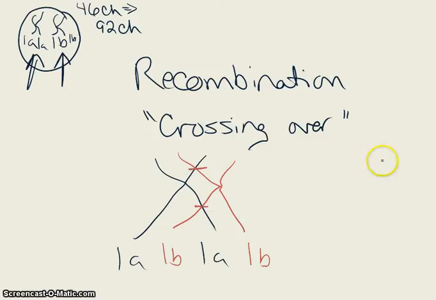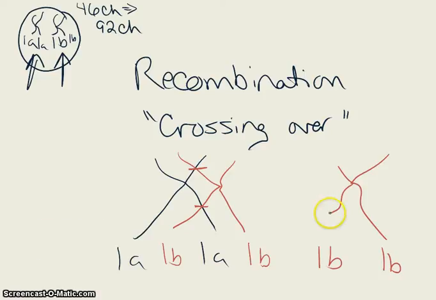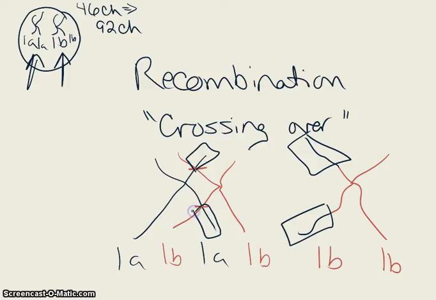So when these 2 pull back apart, now our 1B and our 1B actually have a little bit of our 1A attached to them. So that this blue piece here and this blue piece here was this piece and this piece. Right?